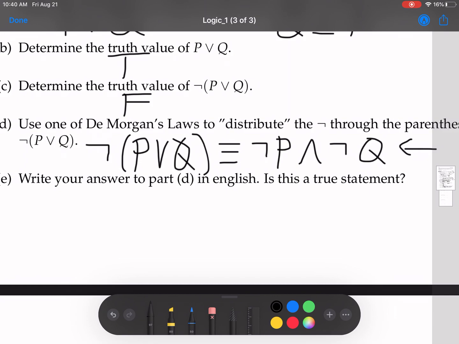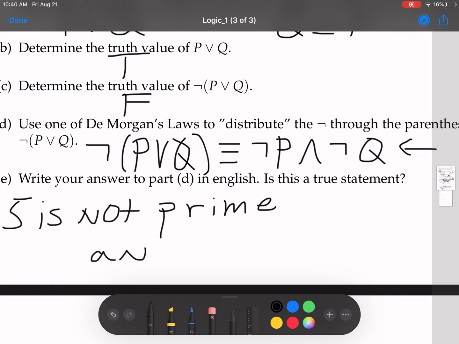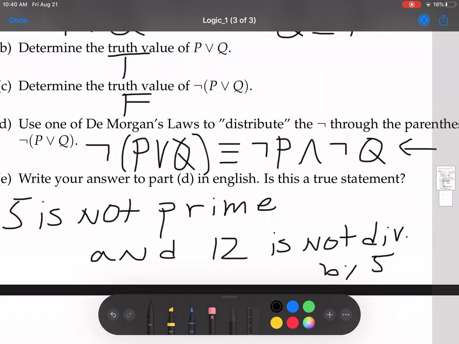So 5 is not prime, and 12 is not divisible by 5.